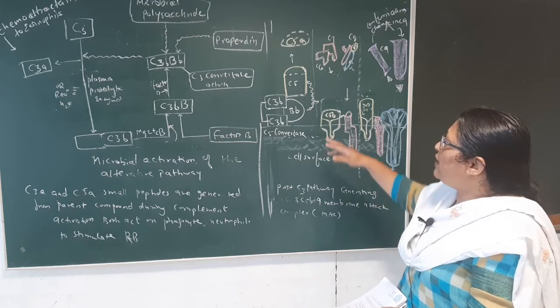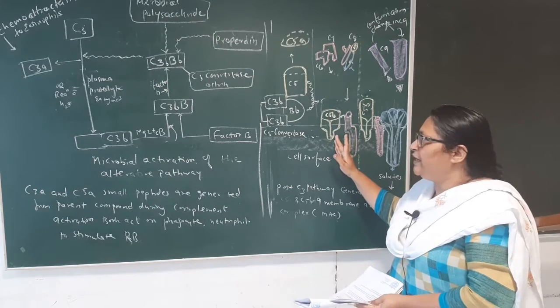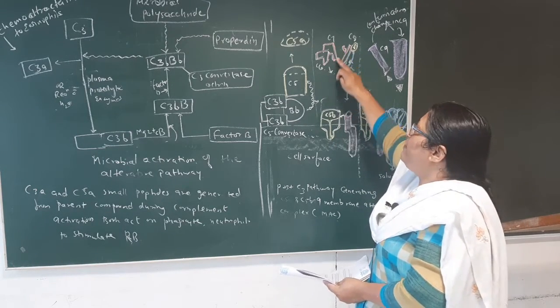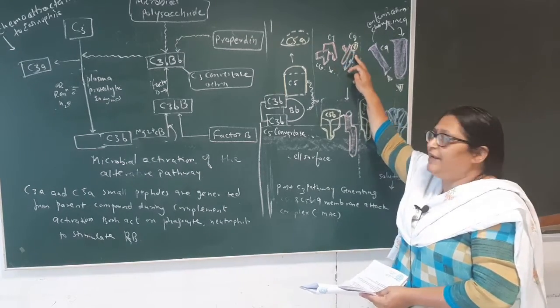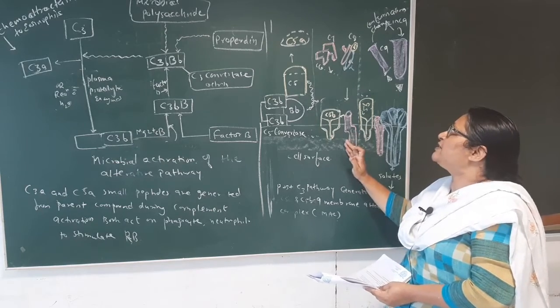Now, C6 and C7 both make a conformation change in C8 and it is responsible for getting inserted into the microbial surface.